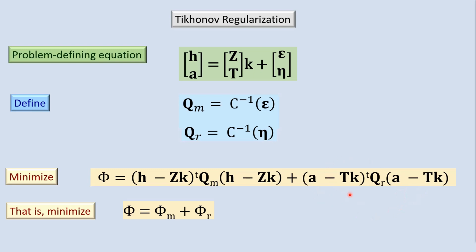So to the extent to which parameters need to depart from their preferred condition to fit the calibration data set, the regularization objective function rises. To the extent to which measurements are not matched by model outputs, the measurement objective function rises. The two summed together is the objective function that I minimize.